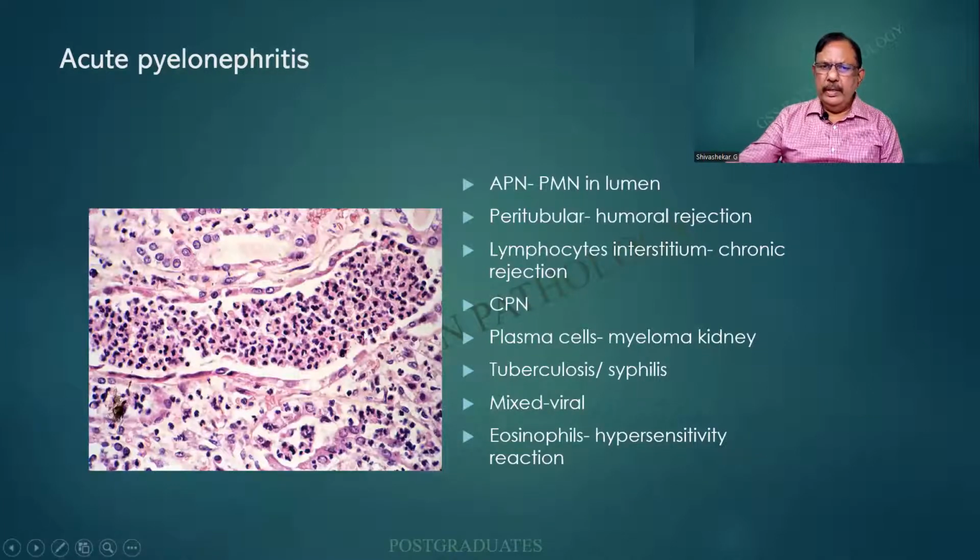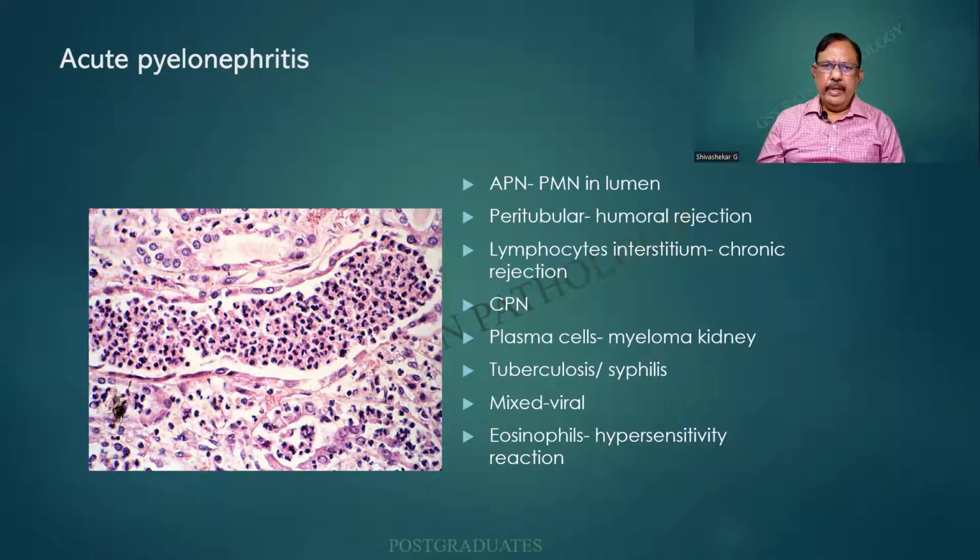Also, you find that when there is going to be an acute inflammatory exudate of neutrophils in the lumen, it indicates acute pyelonephritis, whereas when it is peritubular, it can be because of humoral rejection. Two things alone you remember. Within the lumen, acute pyelonephritis. Without the lumen, peritubular, humoral rejection.